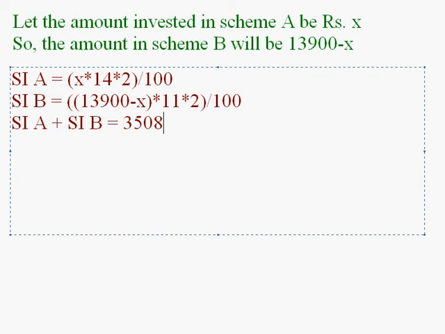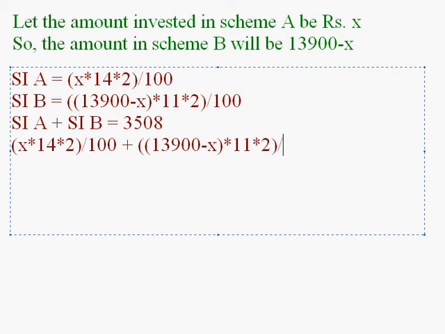You can always rewind to look at the question anytime. Okay, so this is what we get. So the equation will be X times 14 times 2 upon 100 plus 13,900 minus X times 11 times 2 upon 100. This is equal to 3508.